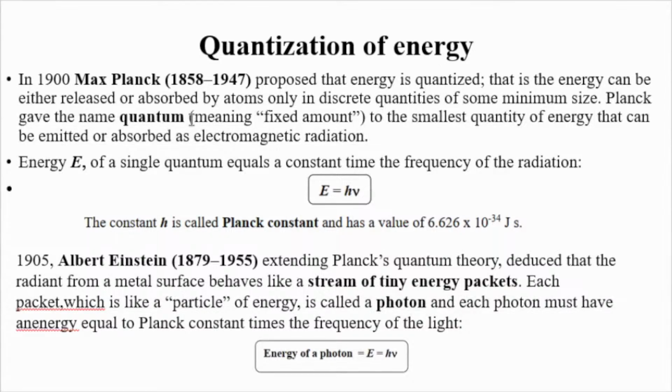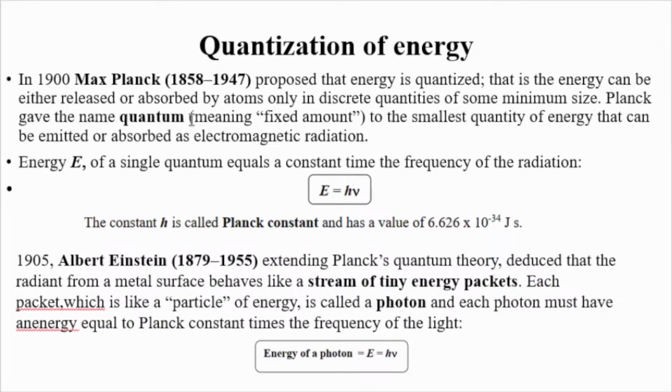Those are not continuous. Max Planck indicated that atom has the minimum capacity of absorbing or releasing the energy. Then Albert Einstein extended this theory and he told that when the radiation is released from the metal surface, it behaves as a stream of tiny energy packets. It is not continuous. It goes as packets.